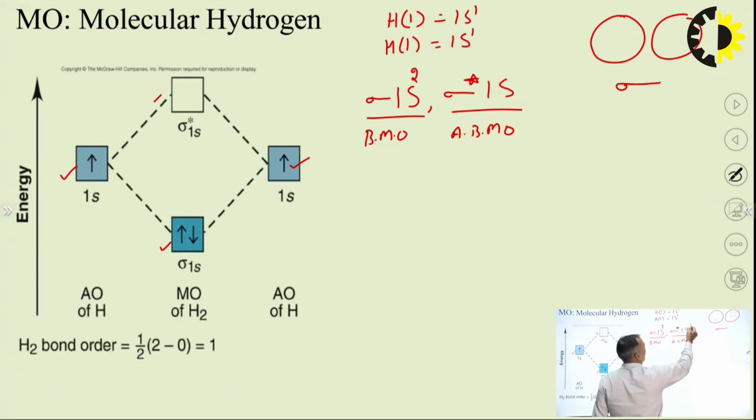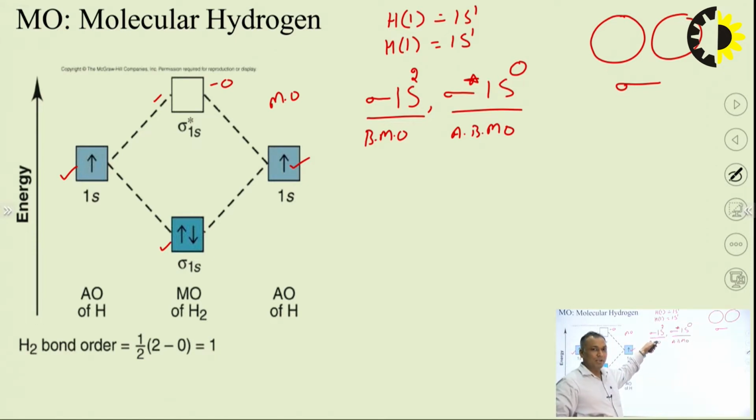You have to write down this energy level also, sigma star 1s0, and this 0 represents that there is 0 electron in this molecular orbital. So this is the molecular orbital configuration of hydrogen: sigma 1s2 and sigma star 1s0.